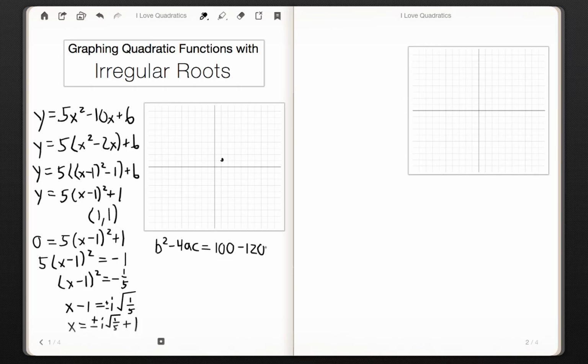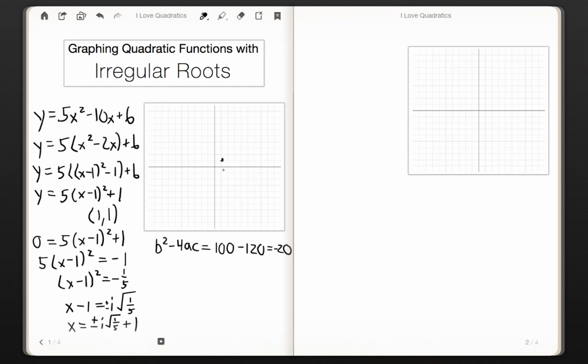So 100 minus 120 is negative 20. And when we have a negative discriminant, we have two imaginary roots, which we proved down here. We don't actually see them on the graph. So the graph never crosses the x-axis.